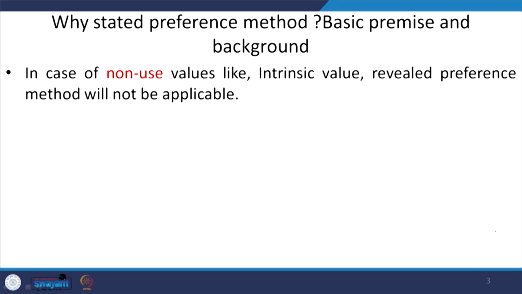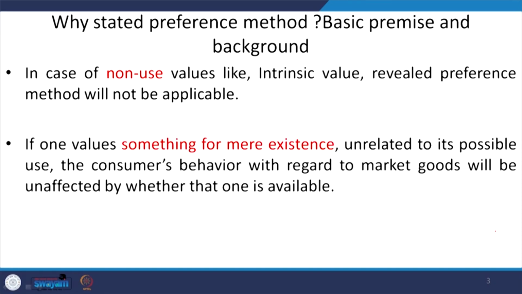So, in this respect, we are seeking a method which is able to estimate the non-use values like intrinsic values or existence values, and for that reason revealed preference methods are not capable. So, in this context, another method was developed, which is known as the stated preference method.